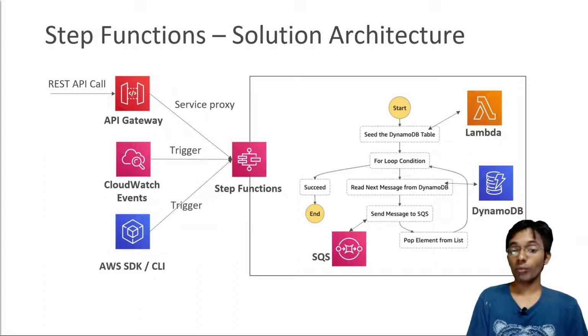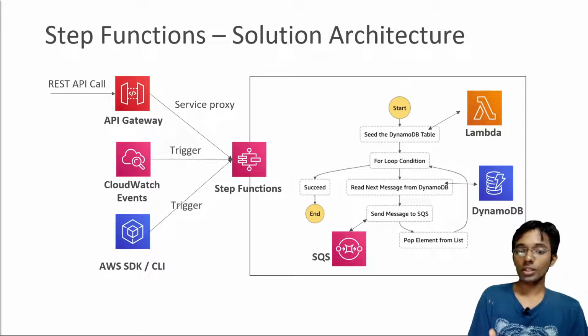Or you can have, very commonly, a REST proxy integration through the API Gateway. So the API Gateway would be integrated with a Step Function through a service proxy, and you would do a REST API call in the API Gateway to invoke and pass data to your Step Function. That is a very common use case.